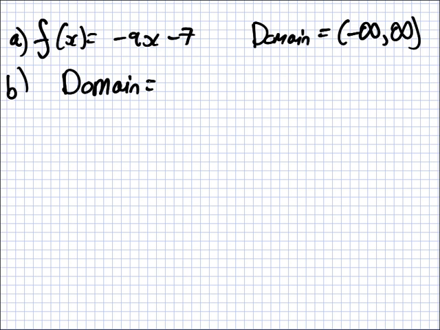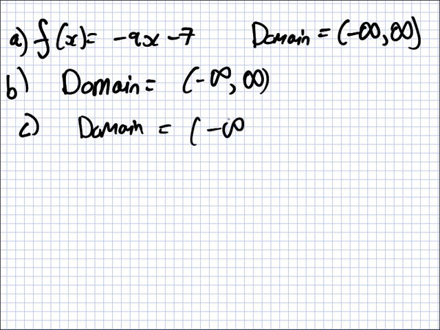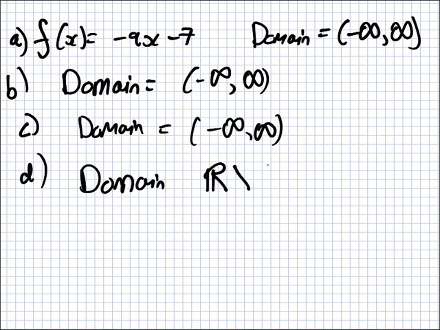All real numbers. C, what's the domain? All real numbers, yeah. Next one. D, what's the domain? It's all real numbers, except for 2. That's the domain.